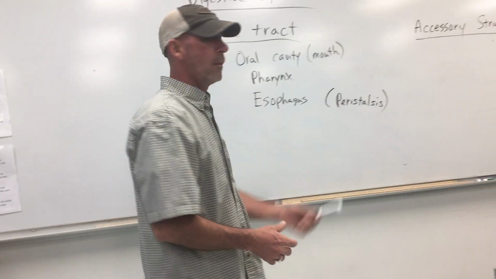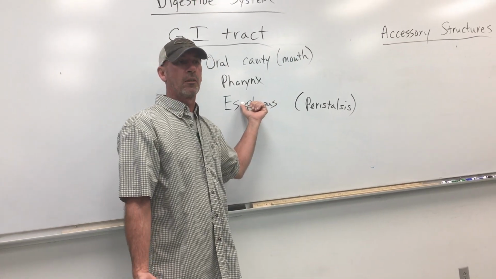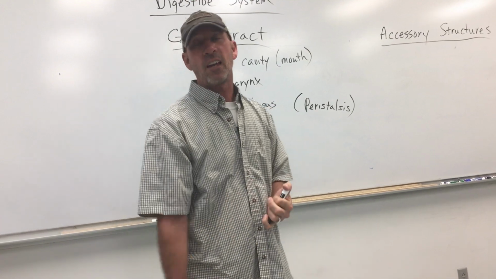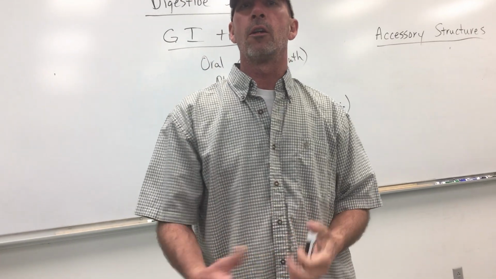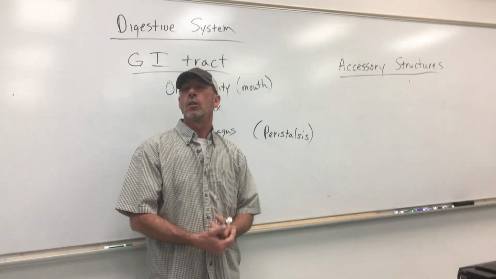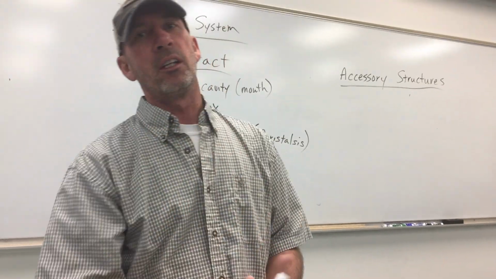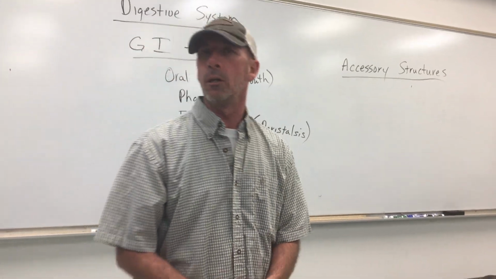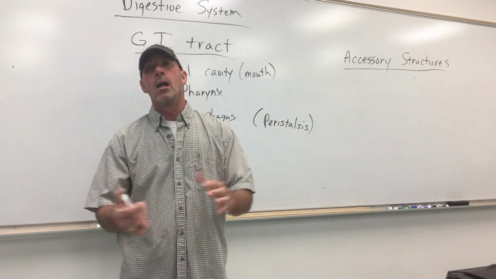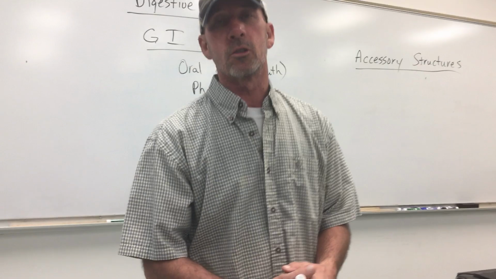Now, the esophagus has up at the top of it a sphincter muscle. The circular muscles act like a sphincter, and so we refer to that as the upper esophageal sphincter. It's actually a physiological structure, but not an anatomical structure. If you want all the details of what the difference is, read in your textbook. But the lower esophageal sphincter is an anatomical structure.